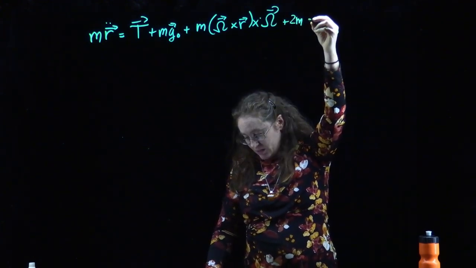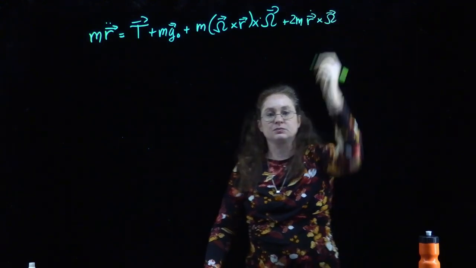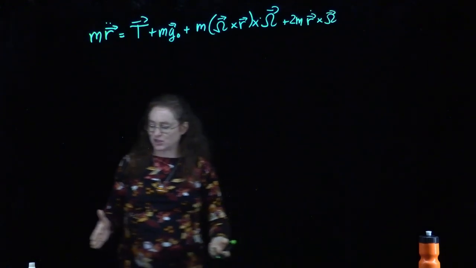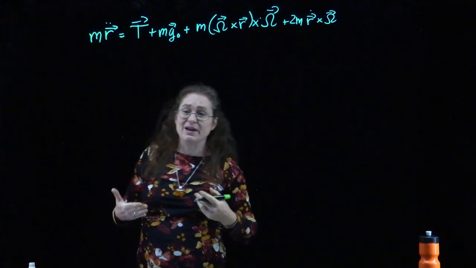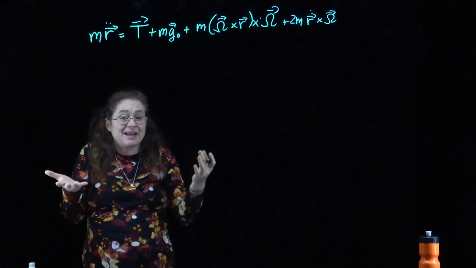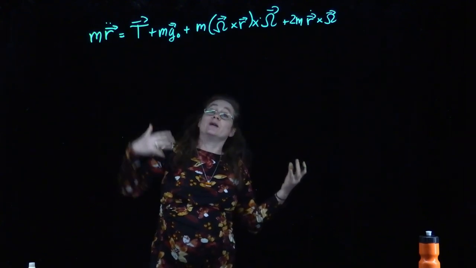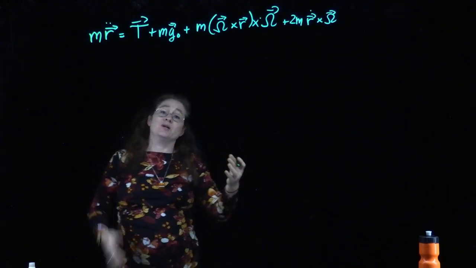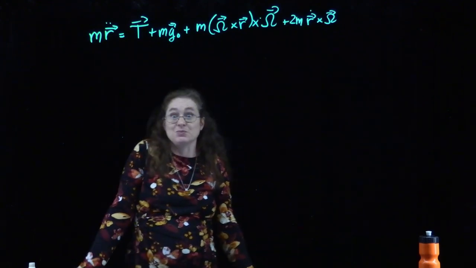And 2m r dot cross omega. So while the centrifugal force may actually be larger in most cases than the Coriolis effect, because we can't tell, like a fish in water doesn't know it's in water, we can't see the rotation very well, we don't know the difference between gravity and effective gravity, especially when the effect is 0.3%.